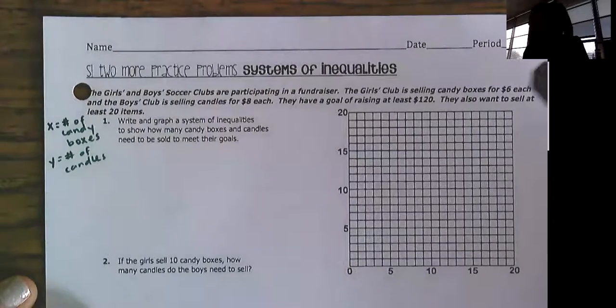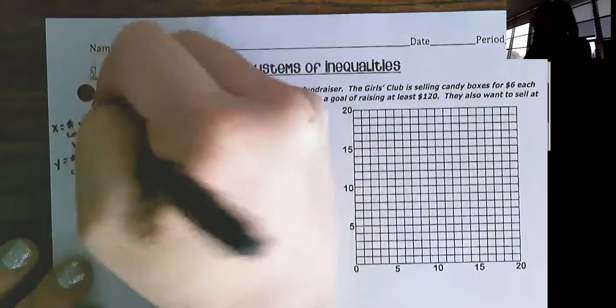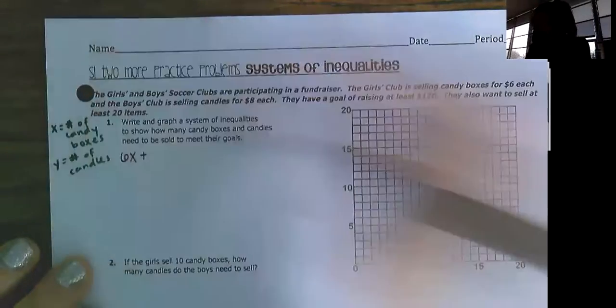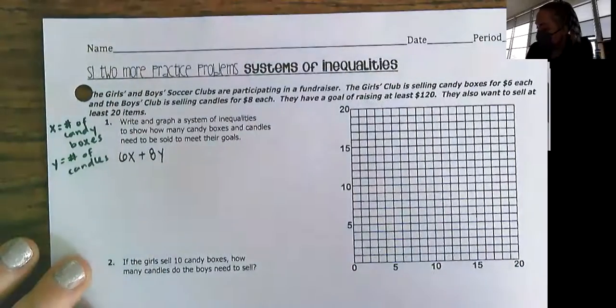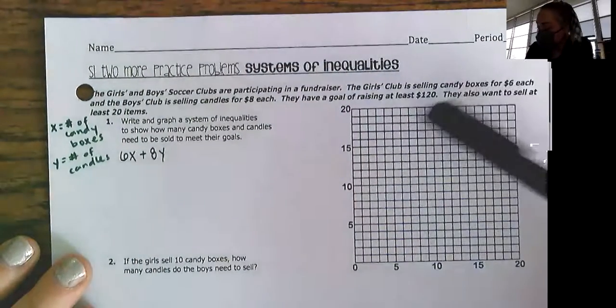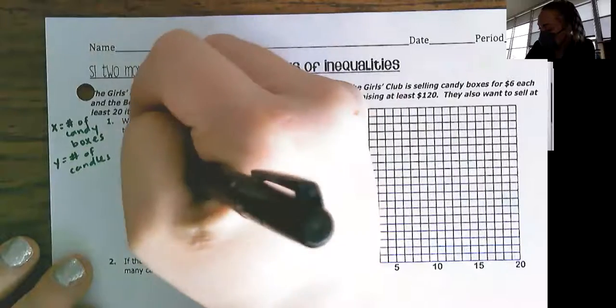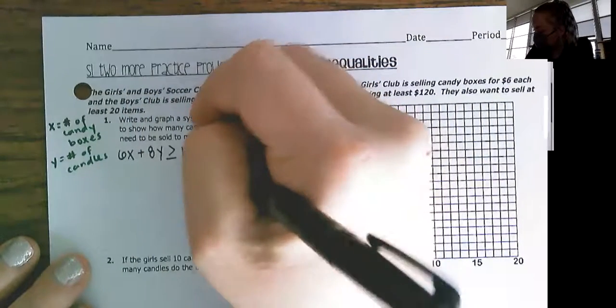So I know that a candy box is $6 each, and it is X. So I'm going to say 6X, $6 per candy box, plus $8 per candle, so 8Y. They want to get at least $120, but they are probably hoping to get more than or equal to $120. Okay, so there is my first inequality.